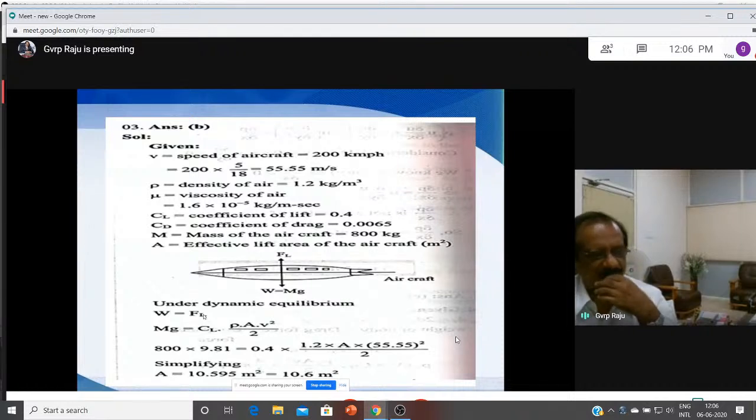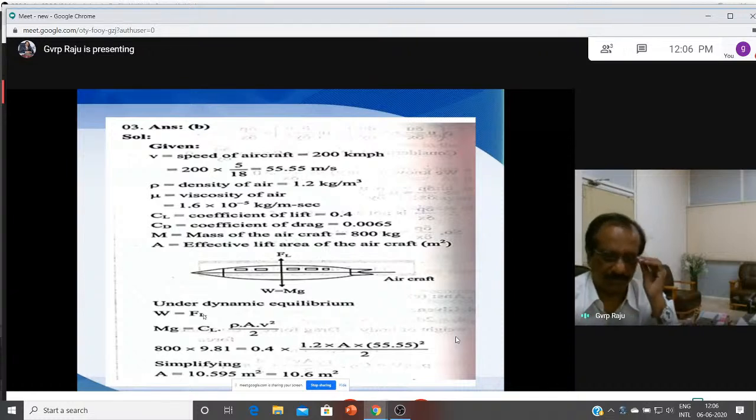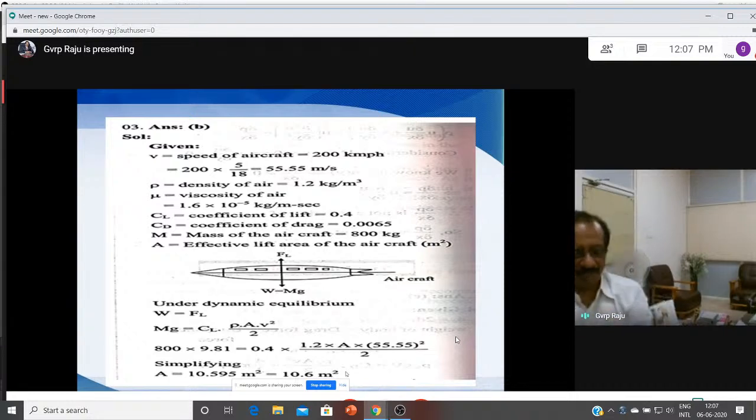You always need to remember this to solve the problem. So here the mass he has given is 800, so 800 into 9.81 is equal to C_L, which is 0.4, times rho, which is 1.2, times area, which is not known, times velocity 55.55 square by 2. Simplifying, A is equal to 10.6 meters square.